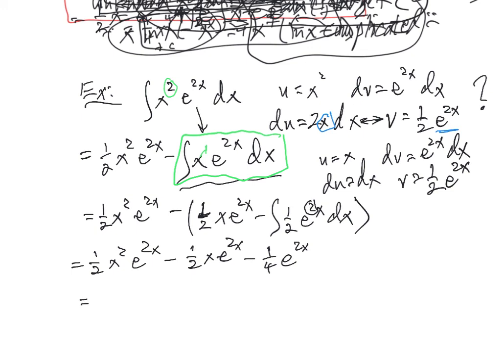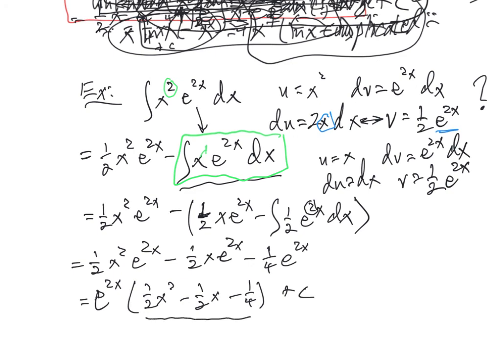And finally, let's factor out e to the 2x. And so I get 1/2 x squared minus 1/2 x minus 1/4. And now we'll add on a plus c. So notice we get this polynomial in descending powers of x, all multiplied by e to the 2x.